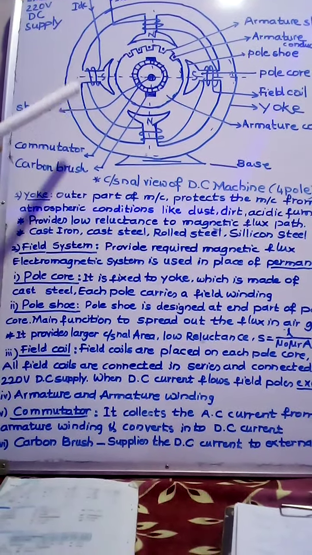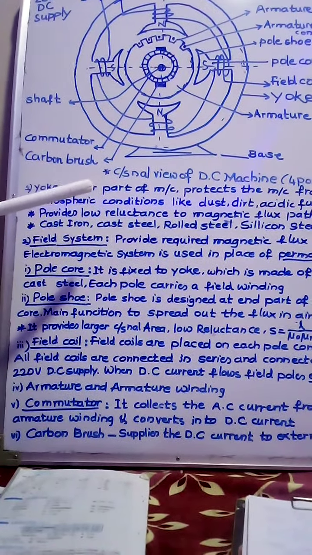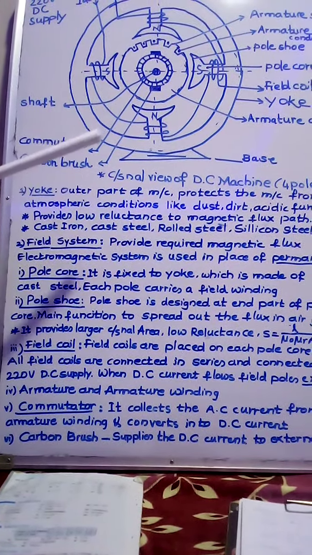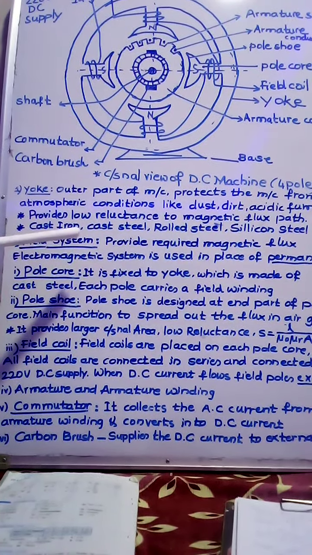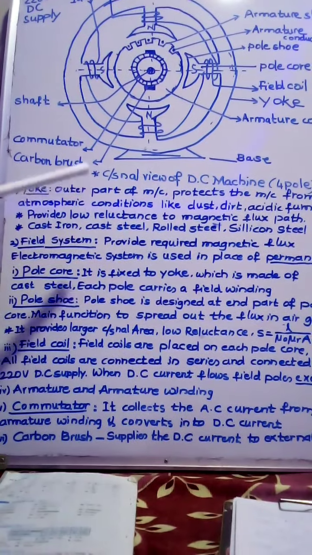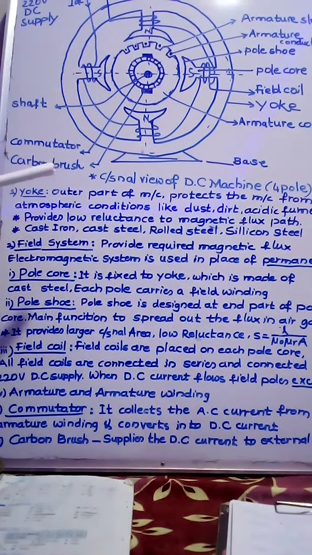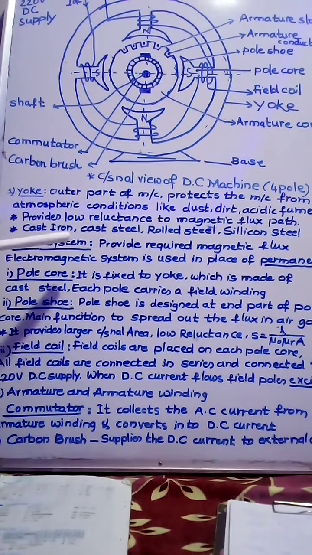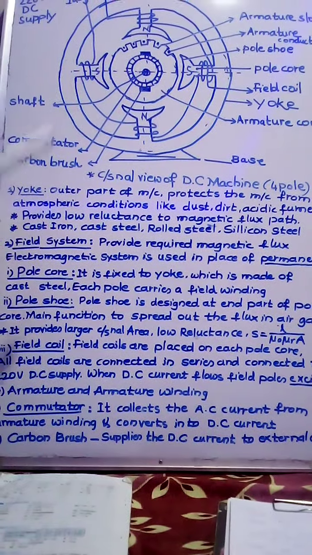Modern electrical machines use electromagnets. Permanent magnets produce low magnetism, but electromagnetism has many advantages: a huge amount of magnetism can be produced and it can be easily controlled. Due to these advantages, we use the electromagnetic field system.